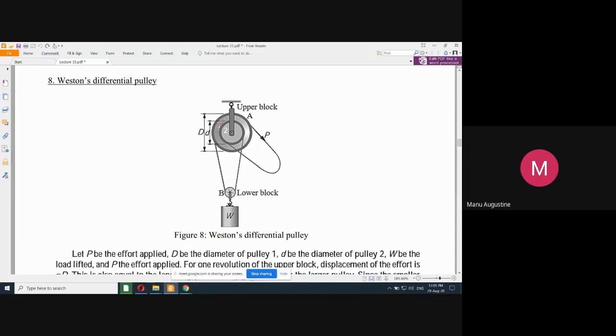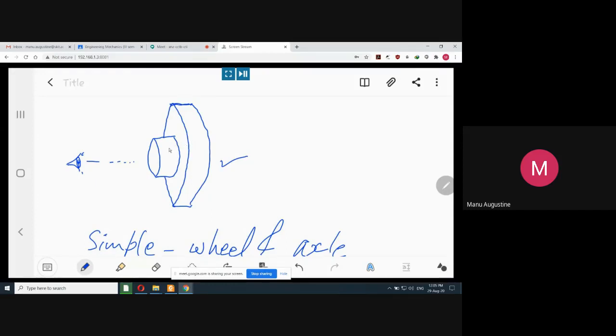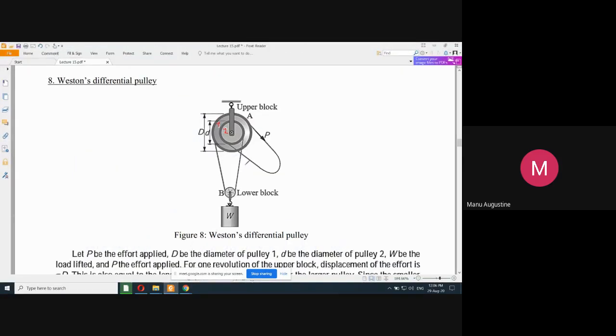See, this is wheel number one, or rather step number one, and this is step number two. So you can say these are disc number one and disc number two, which are solidly attached to each other. You have to remember that these two are not separate. They are one single block with step. Okay. So this one is step number one. This is step number two. And when you look at it from the front, this looks like what is shown in the figure.